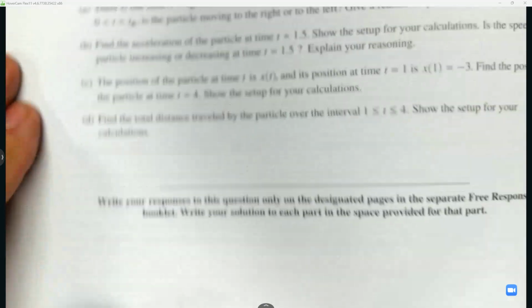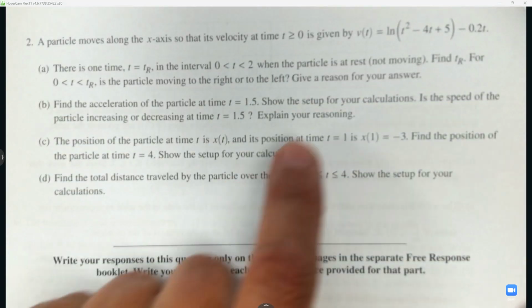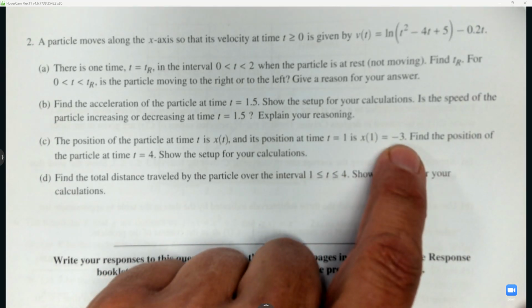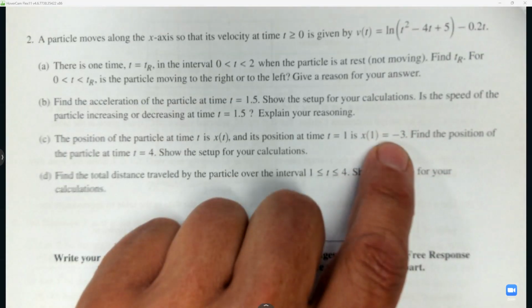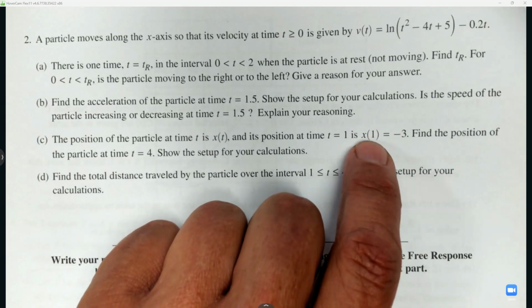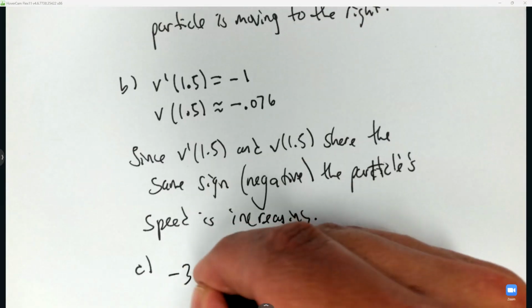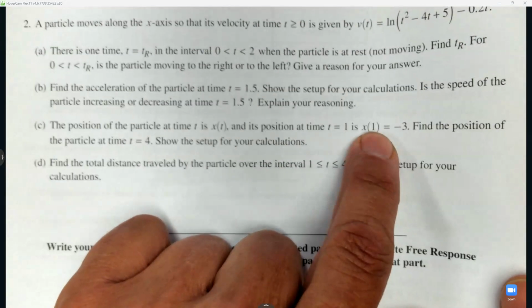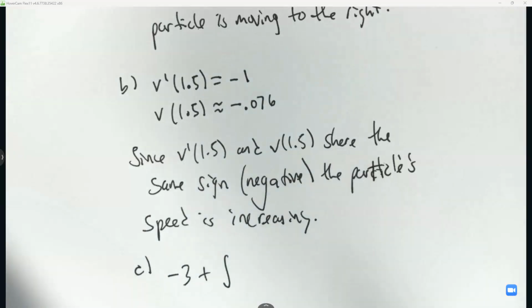Part C. The position of the particle at t equals 1 is -3. So find the position of the particle at 4. So to find the position of it, let's start with what we know. So the starting value is -3. Then we integrate. We start with the t value that we're given, the starting one, which is 1. And then we go to what we're looking for, which is 4.